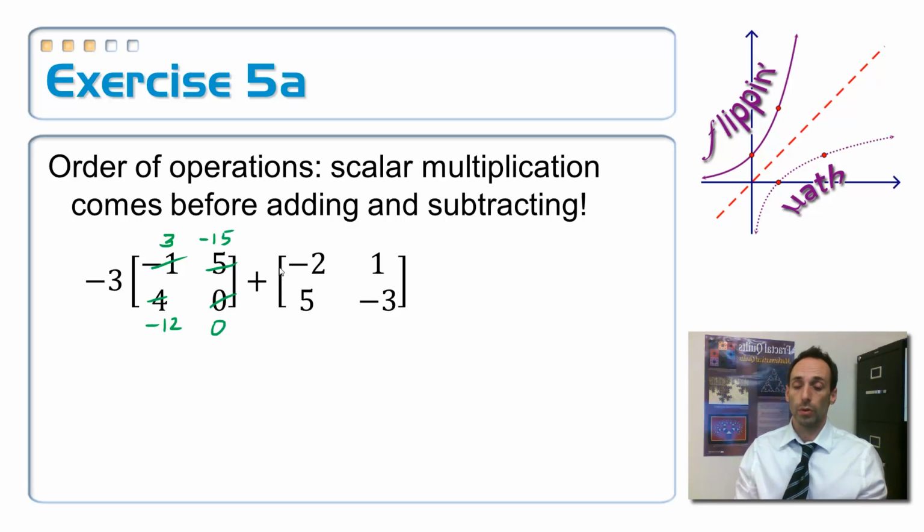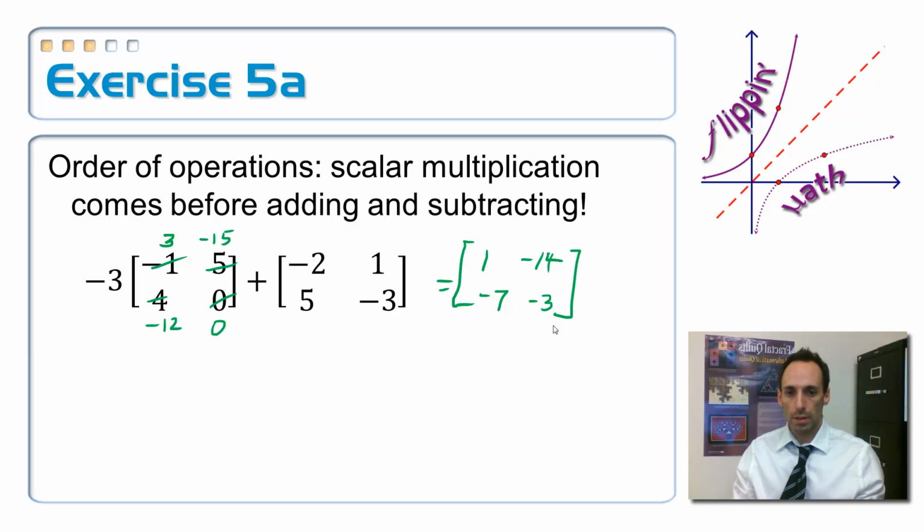Okay, now I can go ahead and add them together. 3 plus -2 is 1. -15 plus 1 is -14. -12 plus 5 is -7. And 0 minus 3 is -3. And I am done. That's it.